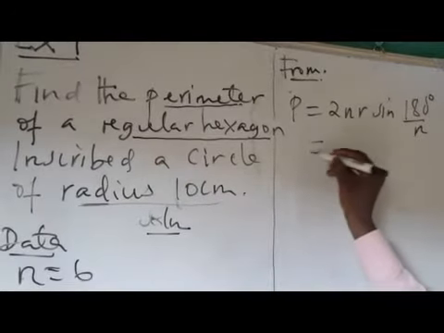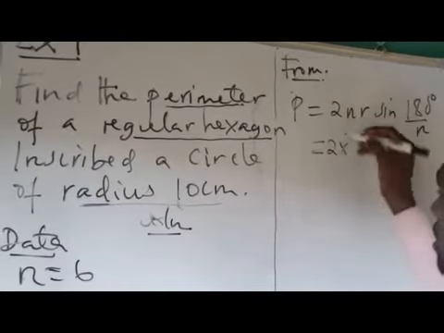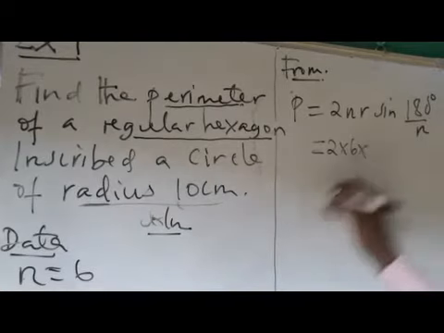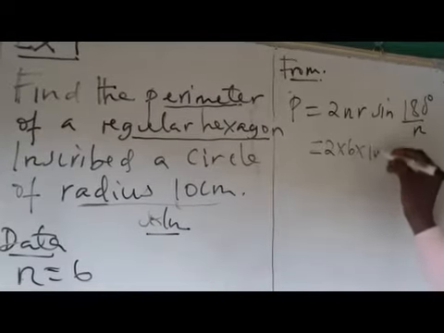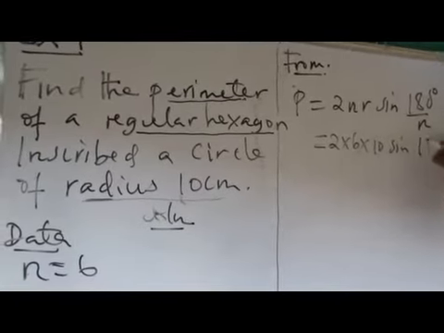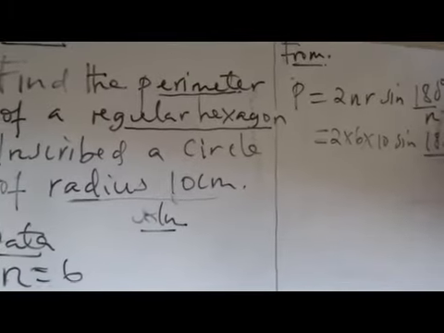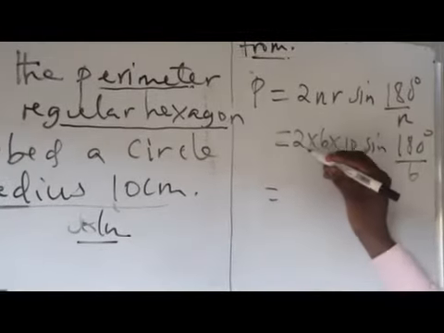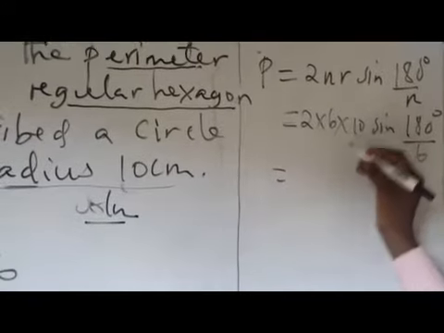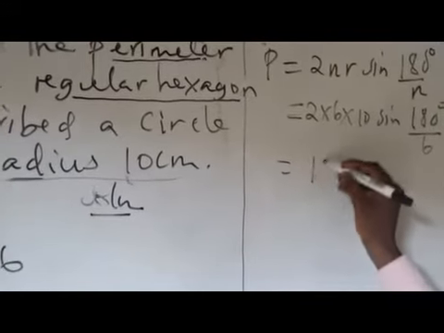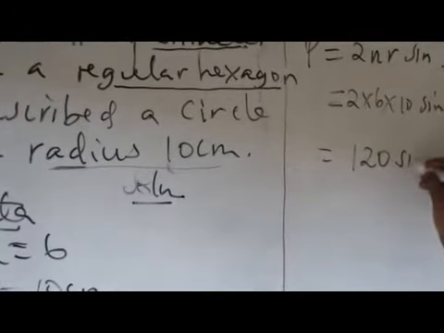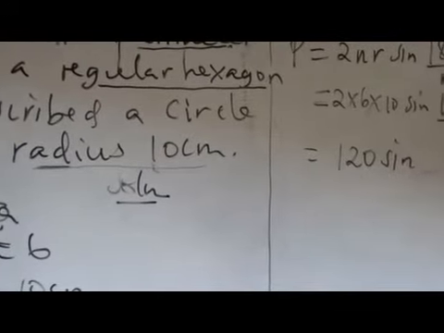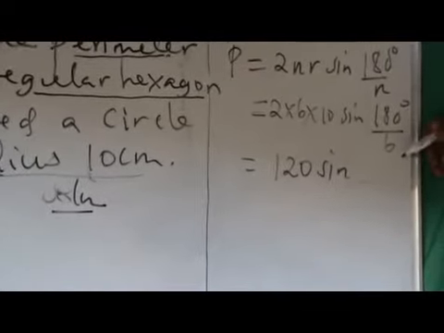So this one is 2 times n, which is 6, and r, which is 10, times the sine of 180 degrees over n. The value of n is 6 there. If you multiply 2 times 6 times 10, this will be 12, and this one is 120. So we get 120 times the sine of 180 divided by 6.